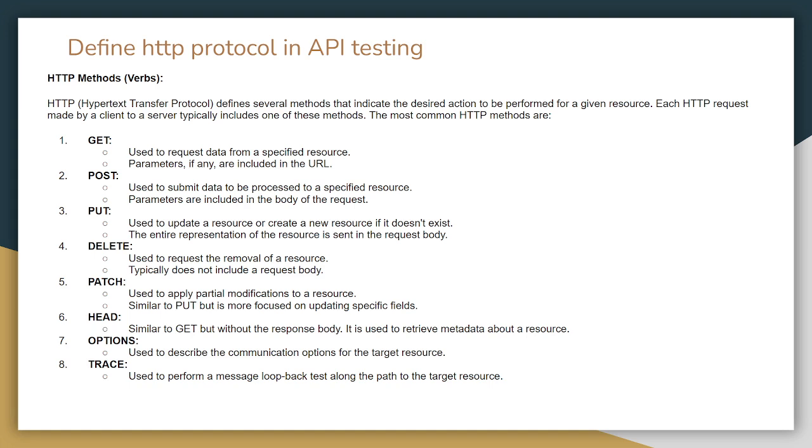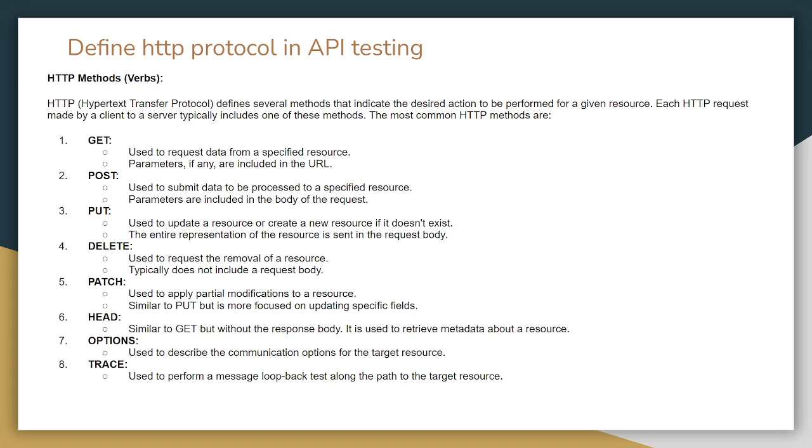Now DELETE. A DELETE request is basically used for removal of a resource. So you can remove a resource, and typically it does not include a request body. PATCH is used to apply partial modification of a resource. It is similar to PUT, but it is more focused on updating specific fields. Now HEAD.